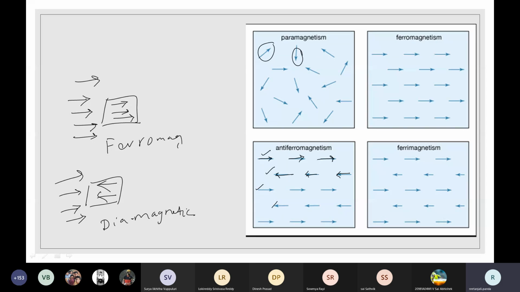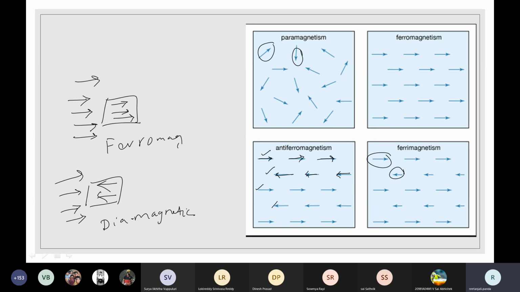In case of ferrimagnetic material, this is going to show the same type of arrangement of magnetic dipole moment as in case of your antiferromagnetic material. But the amount of moment created by the same direction dipole moment will be more than the opposite direction moment.